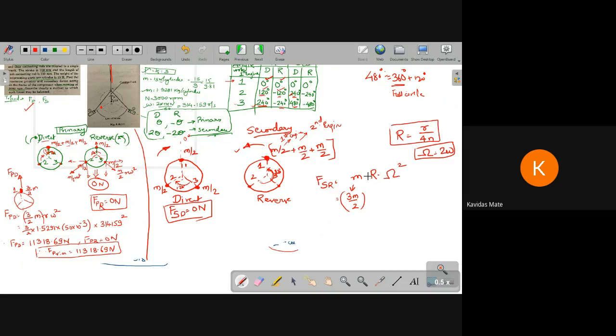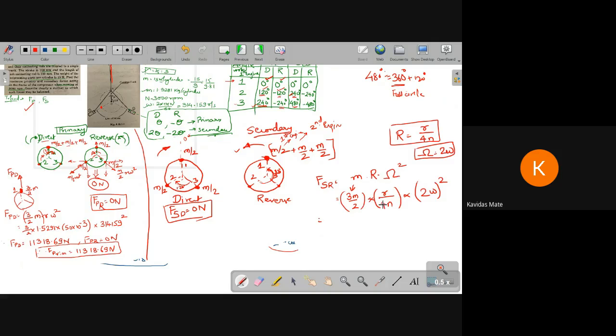Just to have an analogy with this particular formula, we write this one. So total mass, what is the total mass? It is 3m by 2. What is R? R is R by 4 times of n, into 2 times omega square.